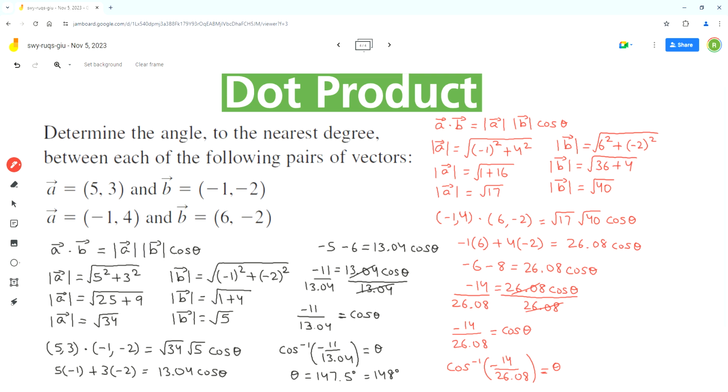So I got 122.47 degrees. Now since we have to round the answer to the nearest degree, the final answer should be 122 degrees. So this should be the final answer for the second pair of vectors.